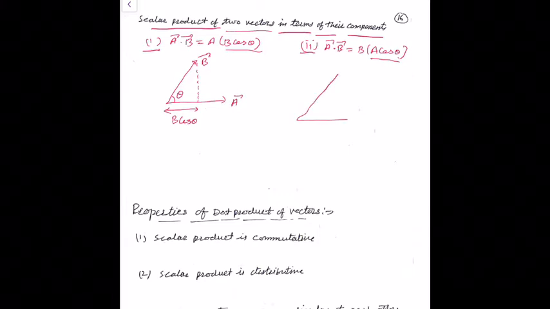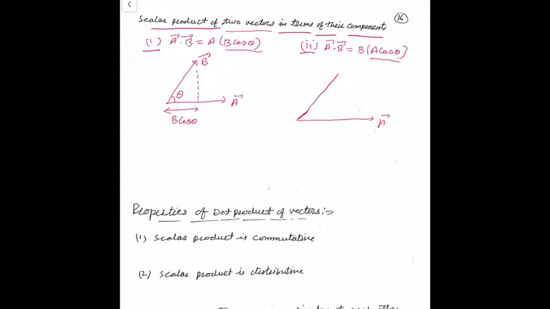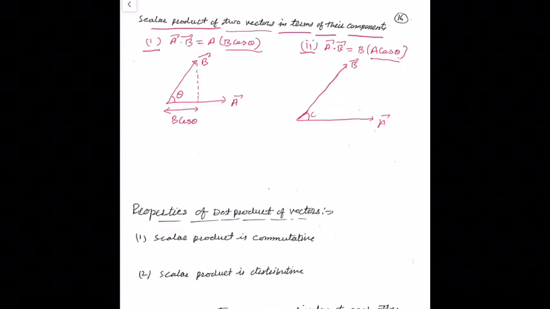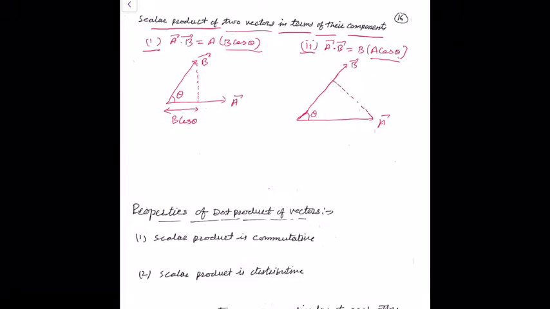It means, here is A vector, here is B vector, the angle between them is theta, drop a perpendicular on B vector. So it is A cos theta. Clear?